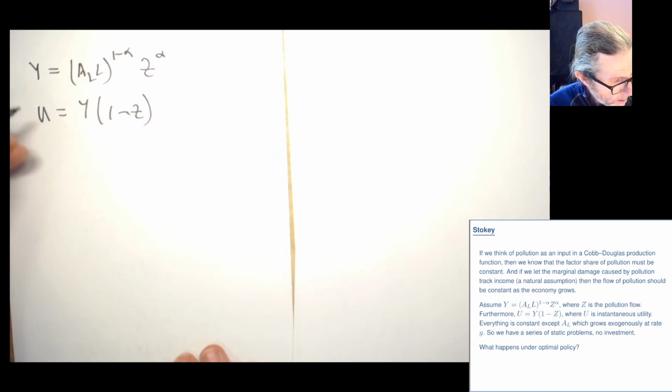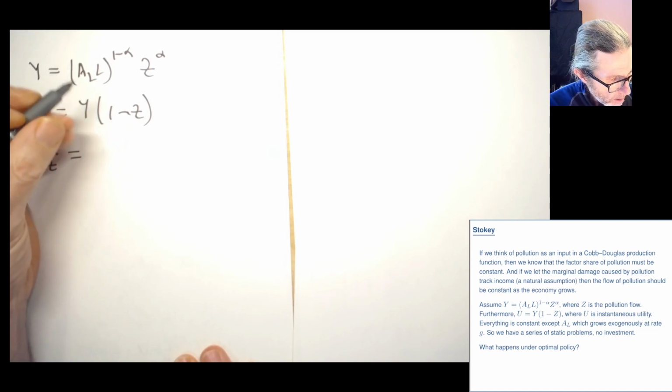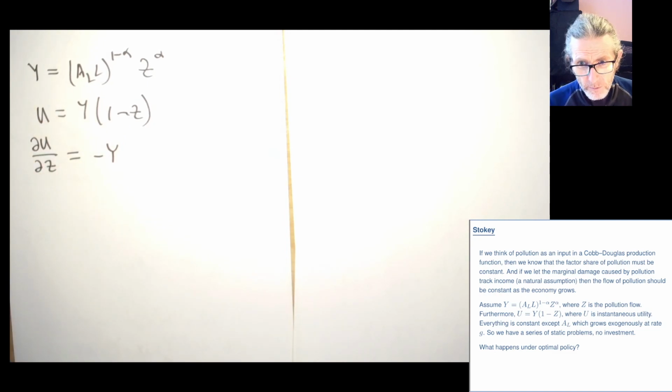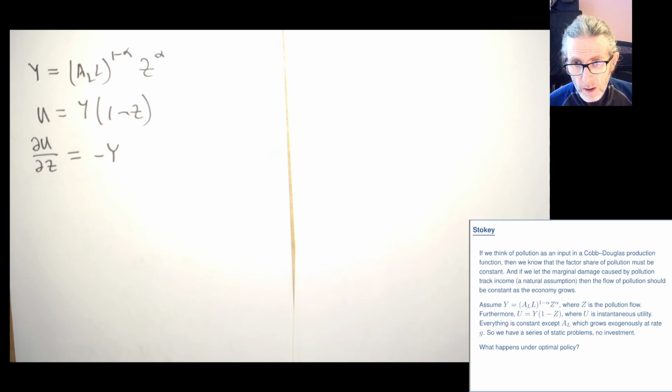So du/dz is minus y. So the effect on utility of emissions is directly proportional to y, right? So the price of emitting, wz, is going to track growth.